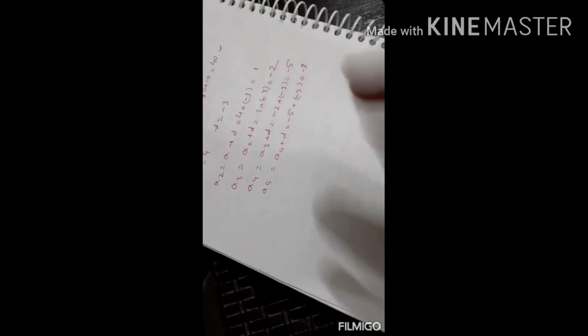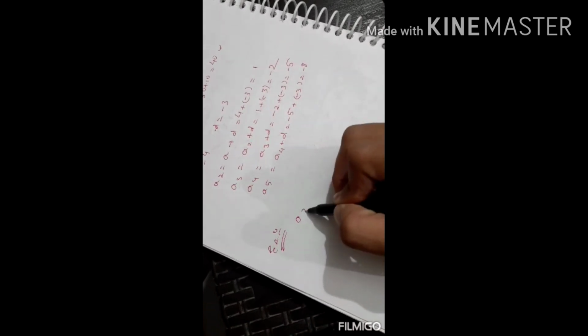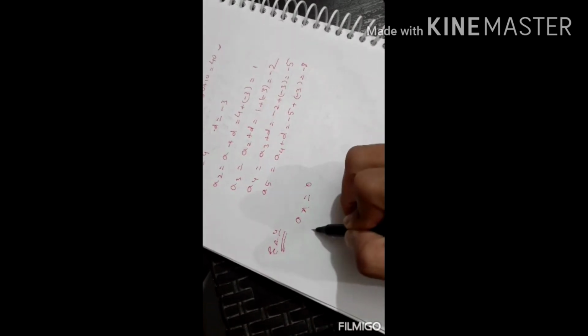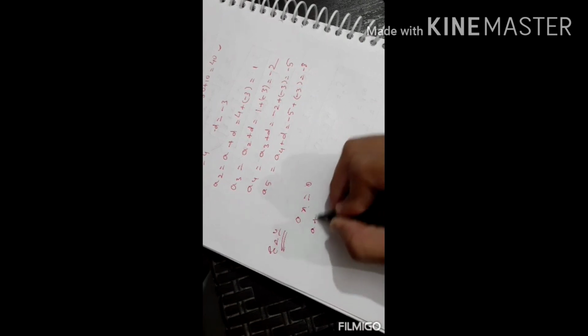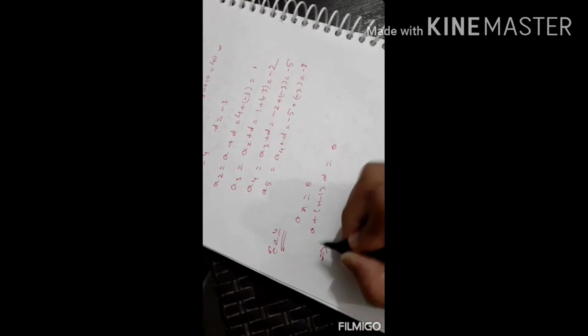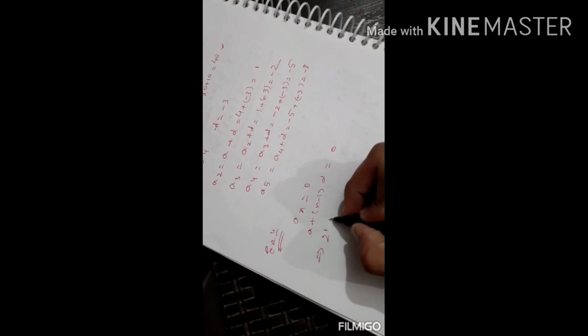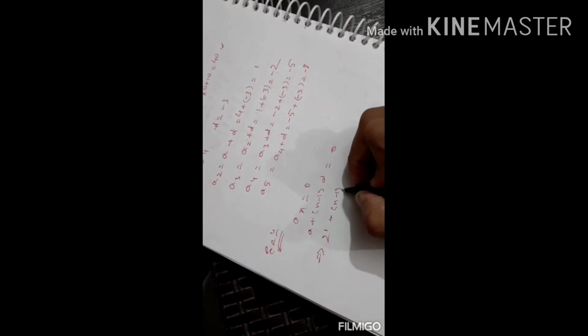For example number 4, its second part. So we have assumed that its nth term equals 0. So the formula for the nth term is a plus n minus 1 into d equals 0. What is the first term? 21 plus n minus 1 into d.